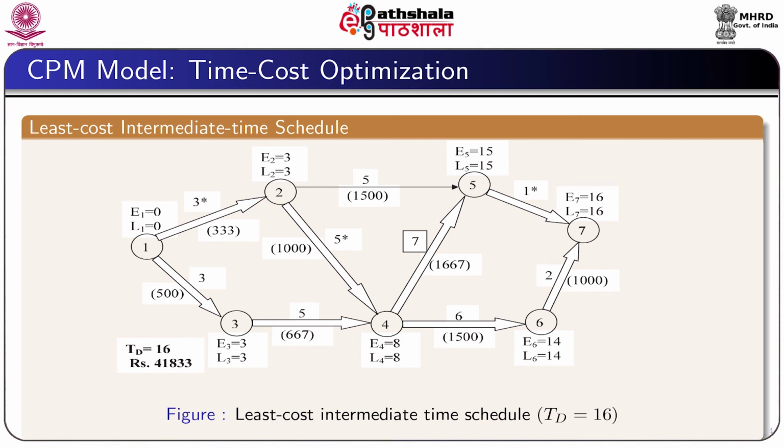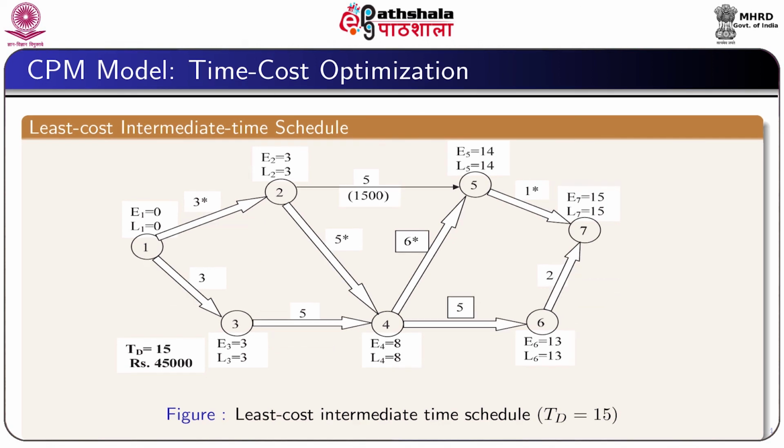Similarly, we can proceed to get the least cost intermediate time schedule of project duration 16 weeks, then the total cost becomes 41,833. And finally, the least cost intermediate time schedule having project duration 15 weeks, we get the total cost as 45,000.